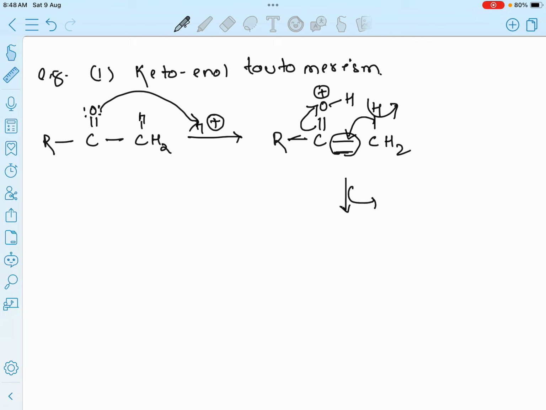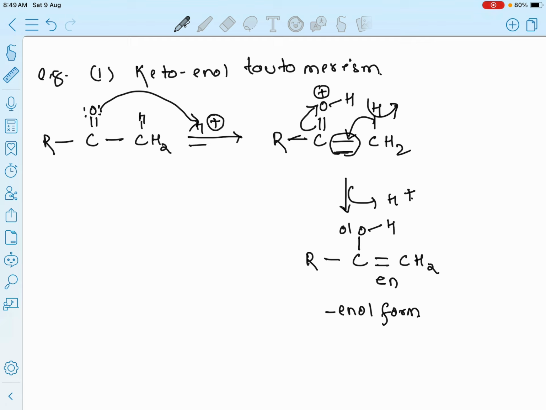And you will see H plus is removed out, and you will form OH with a double bond to CH2. That means ene is there, ol is there. Therefore, this is the enol form.